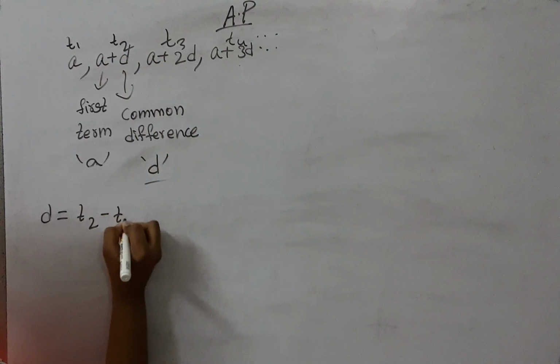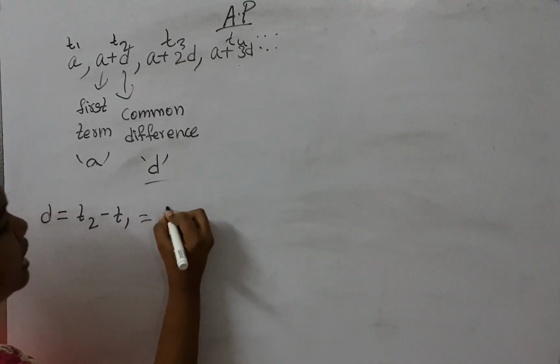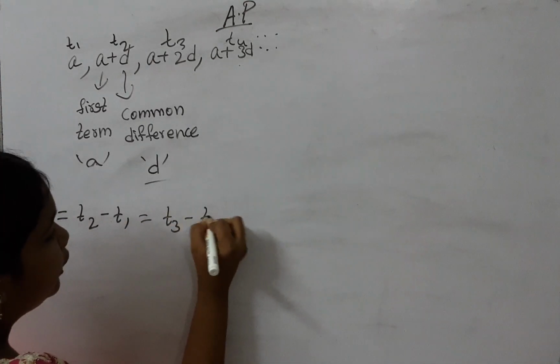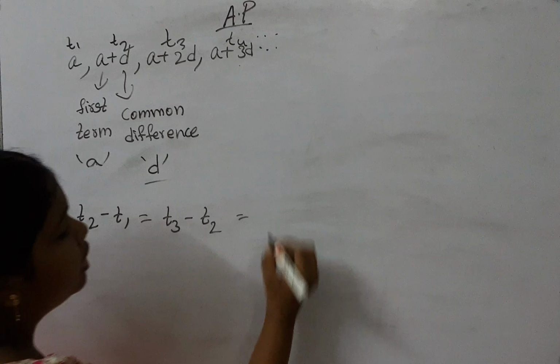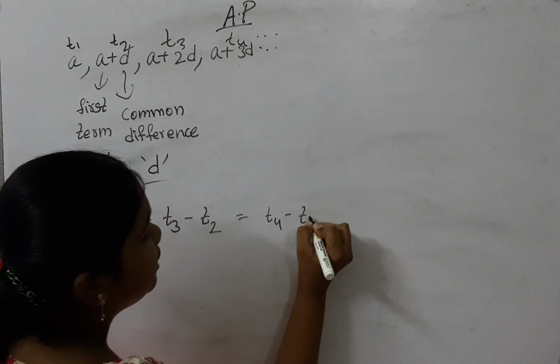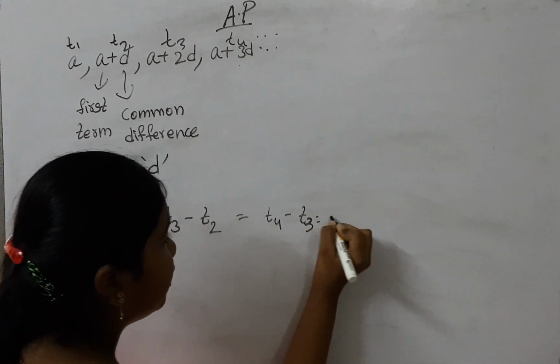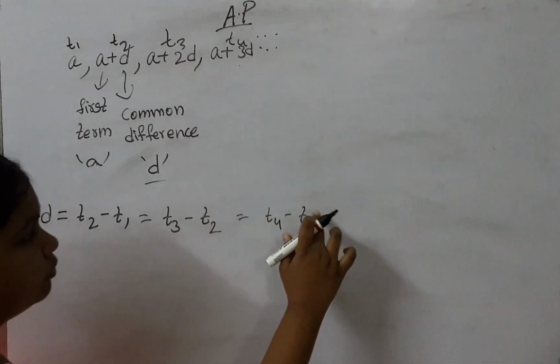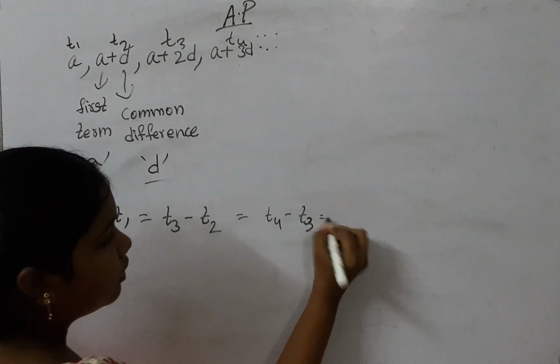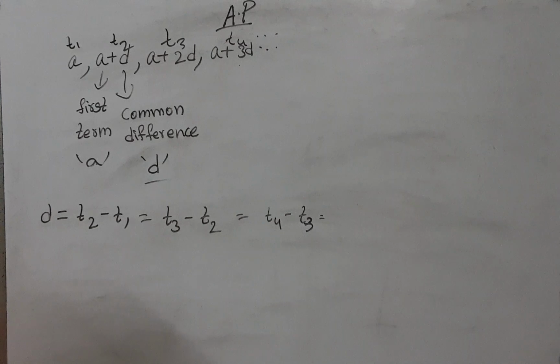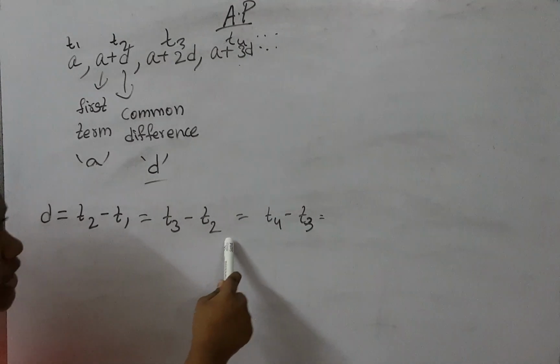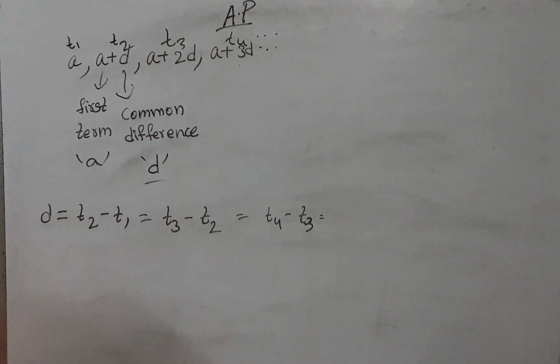T2 minus T1 is equal to T3 minus T2 is equal to T4 minus T3. You can take any two successive terms, T2 minus T1, T3 minus T2. You will get the same.